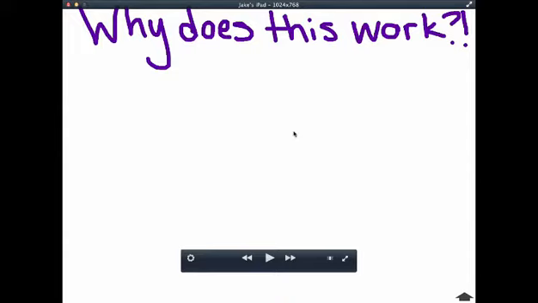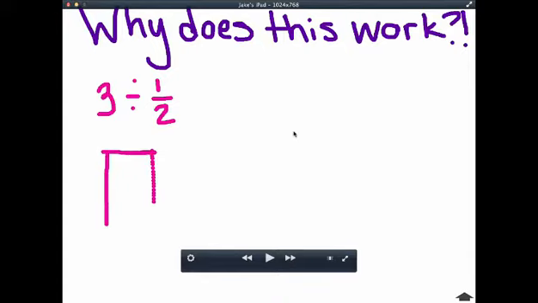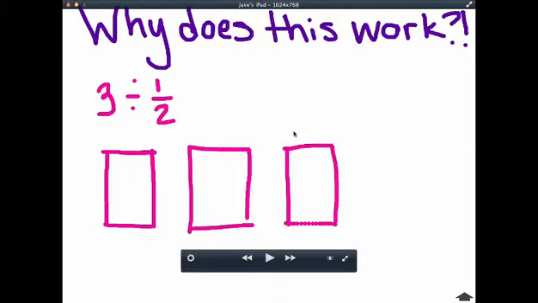To start looking at this, I actually want to start by using a whole number divided by a fraction. So if we have 3 divided by half, what are we going to get? Now we can think of this in a context of how many servings of 1/2 are in 3 containers. Let's go ahead and draw a picture of those 3 containers. There's 1, 2, 3.